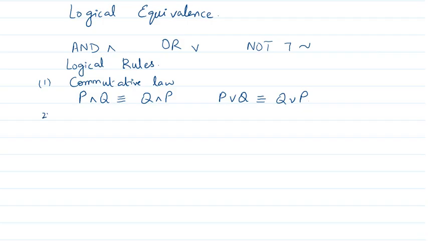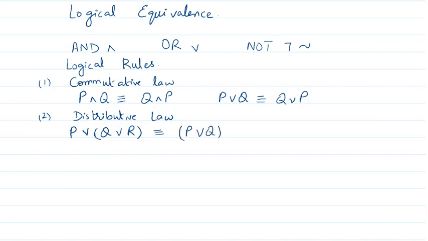The second law is known as the distributive law. This law states that P or Q or R is equivalent to P or Q or R, grouped differently.